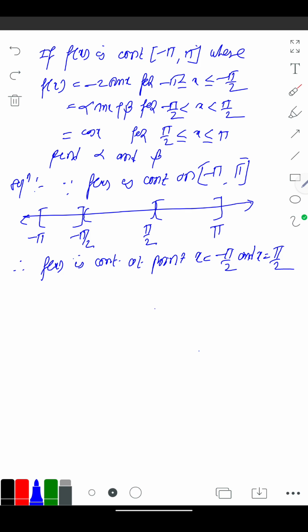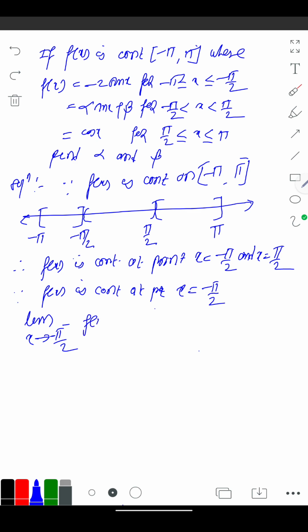So first we write the definition of continuity at the point x = -π/2. Since f(x) is continuous at x = -π/2, by the definition of continuity, the limit as x tends to -π/2 from the left of f(x) equals the limit as x tends to -π/2 from the right of f(x), which equals f(-π/2).